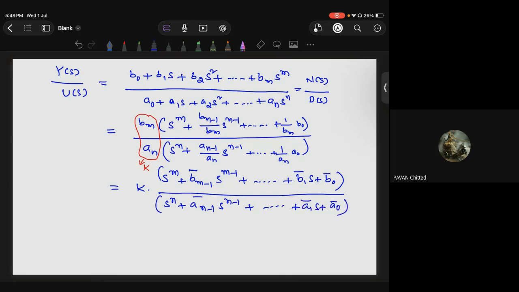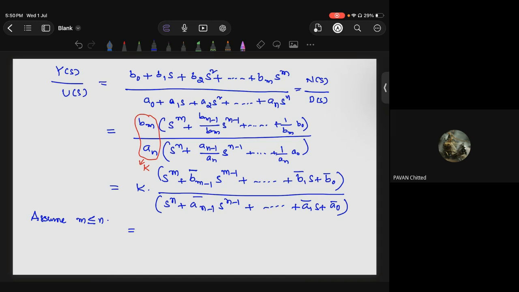Is it clear? Any queries? Here assume that m is less than or equal to n. It means the numerator polynomial degree is not more than the denominator polynomial degree.